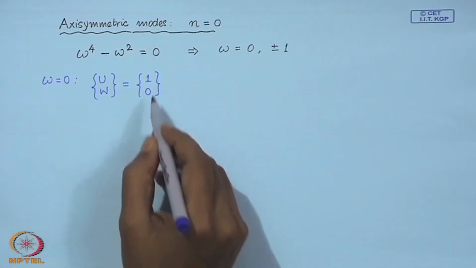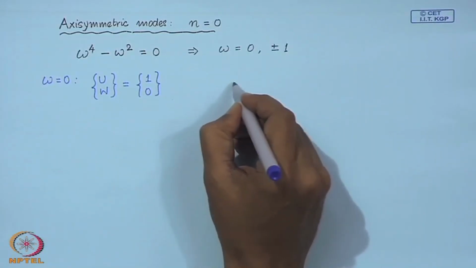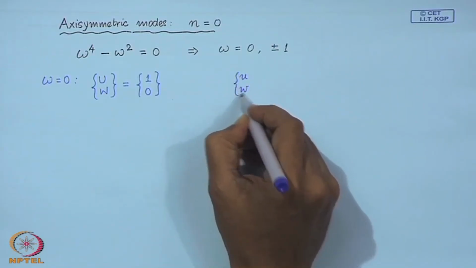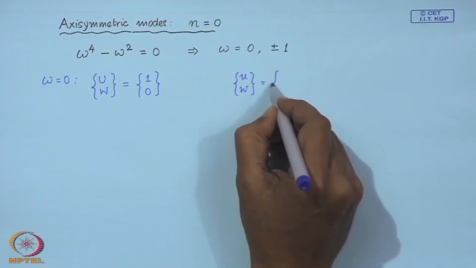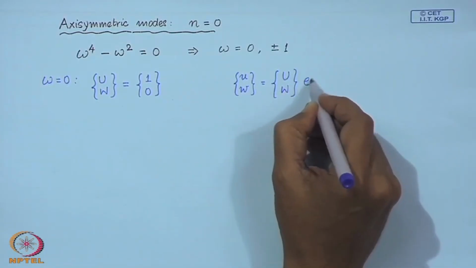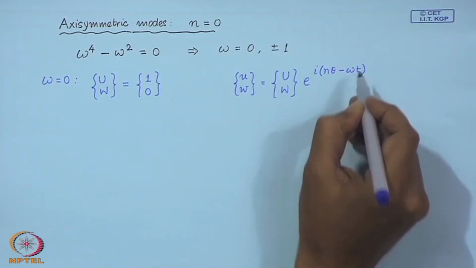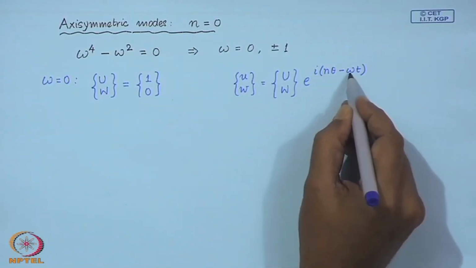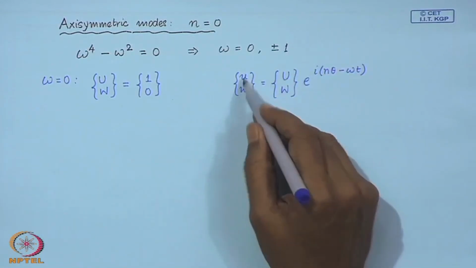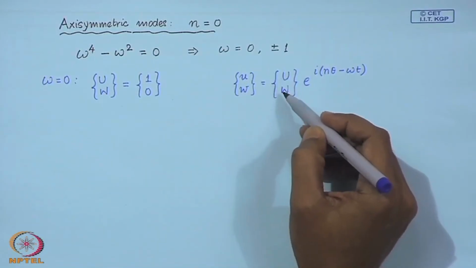Now, this means that, see, the solution was, n is 0, omega is also 0. So, this term is absent, and so the motion is, this is 1 and this is 0.